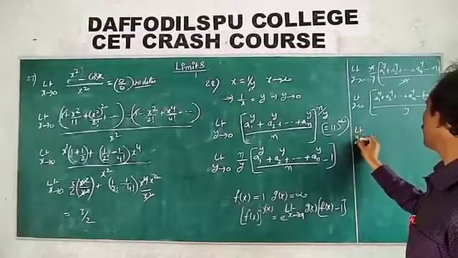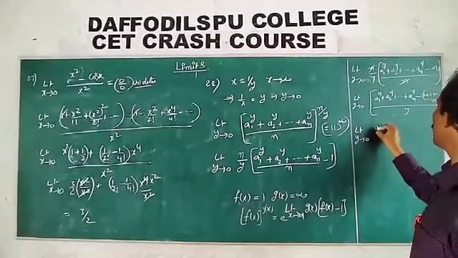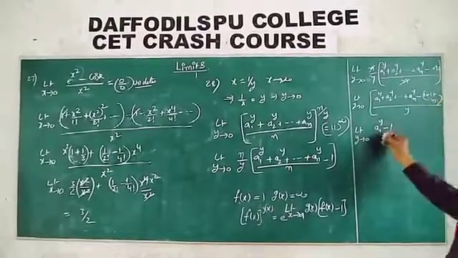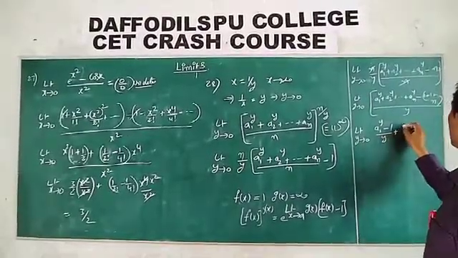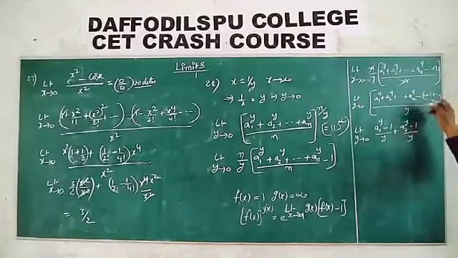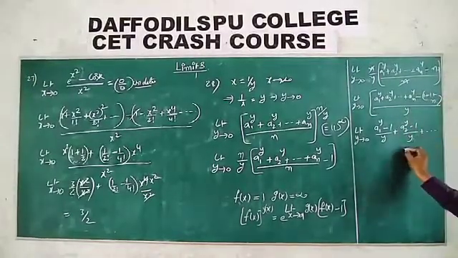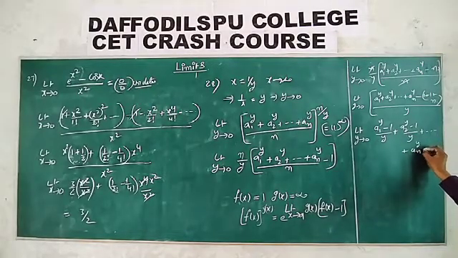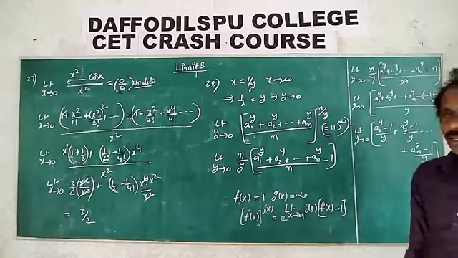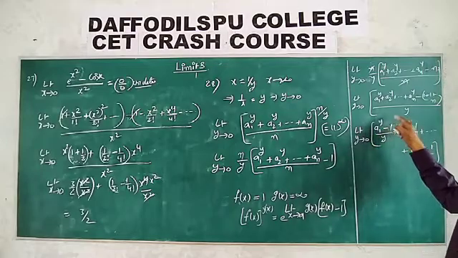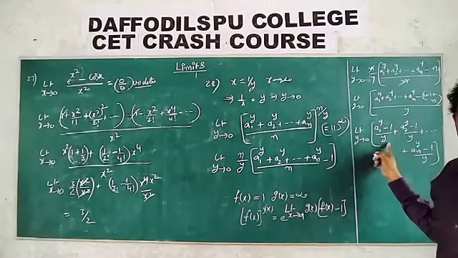Limit y tends to 0 of a1 power y minus 1 divided by y, plus a2 power y minus 1 by y, and so on plus an power y minus 1 divided by y. Clear? The formula: limit x tends to 0 of a power x minus 1 divided by x is log a.